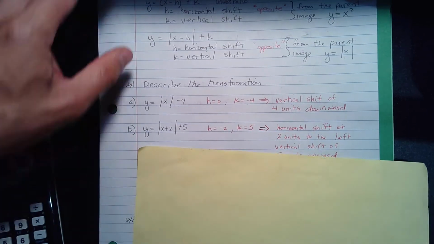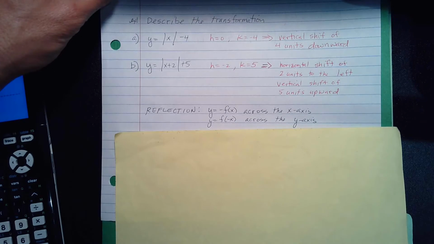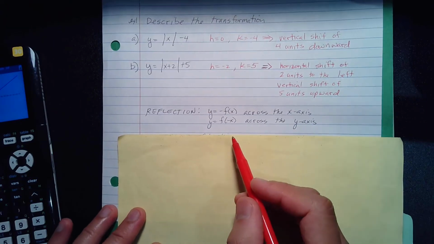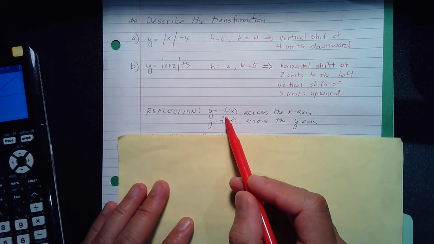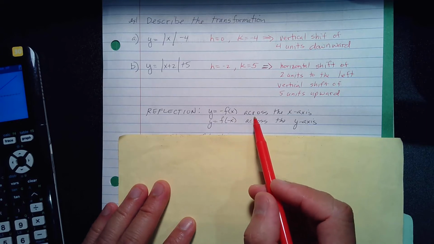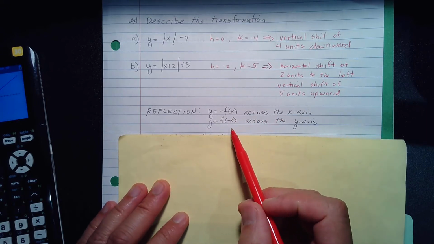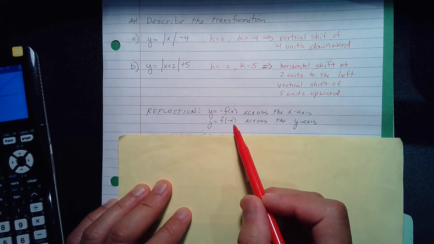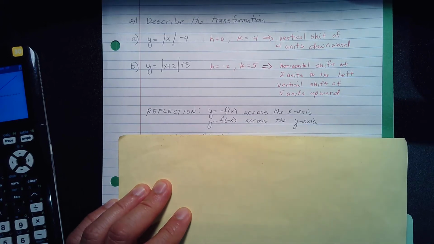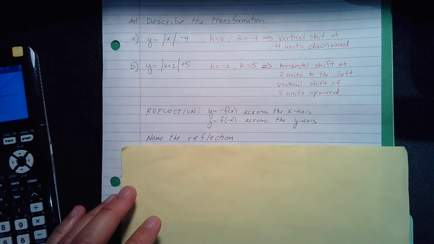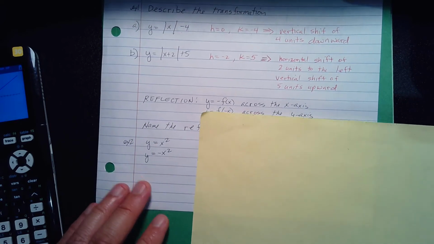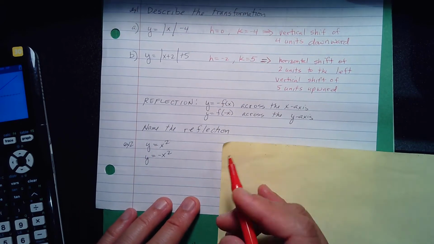All right. Another type of transformation is called a reflection. When you have the opposite of the function, it reflects across the x-axis. When you replace negative x with x, it's going to reflect across the y-axis. So here it says name the reflection.